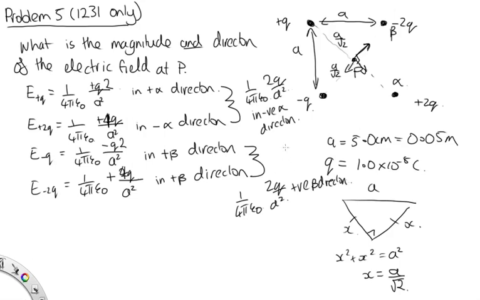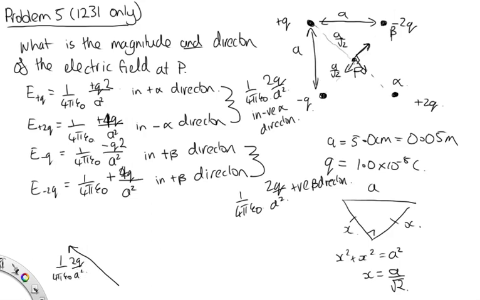Okay, so now we've got the electric field along our two perpendicular axes. Now all we need to do is add these vectors head to tail. So this is in the negative alpha direction, so this is going up like this, and it is 1 over 4 pi epsilon naught 2Q over a squared.